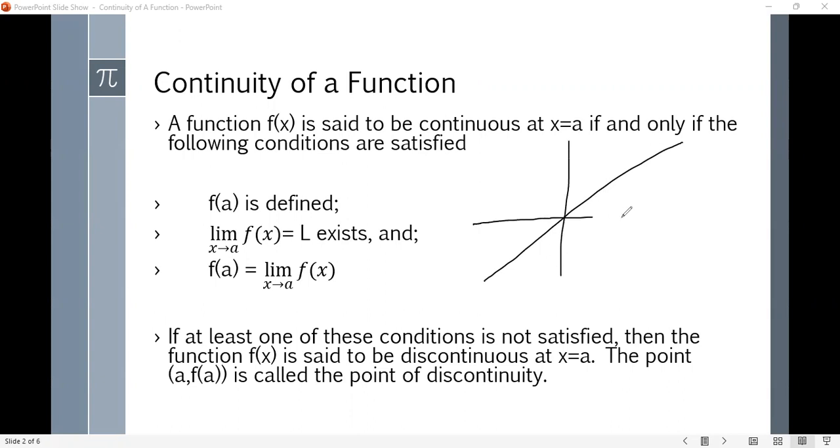Halimbawa, ang x value natin ay 1. Sa given value, sinubstitute natin yung value ng x sa isang particular function, siya po ay defined or meron po siyang given na value. So this means that this function is continuous.